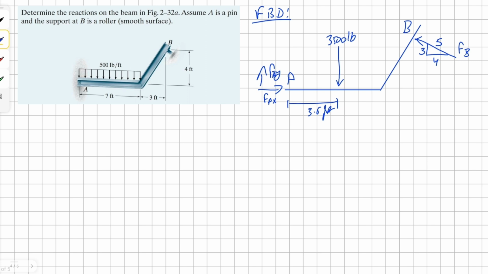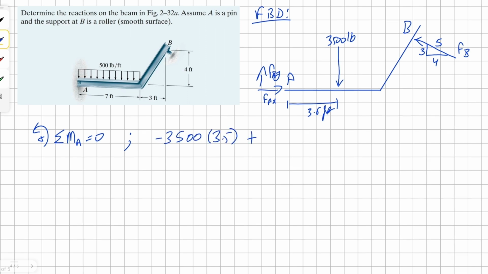Now let's take our moment about A. We're going to assume counterclockwise as our positive moment. So our first point load is 3,500, which is in the negative direction. Then our next moment is for our reactions at B in both the x-axis and y-axis.